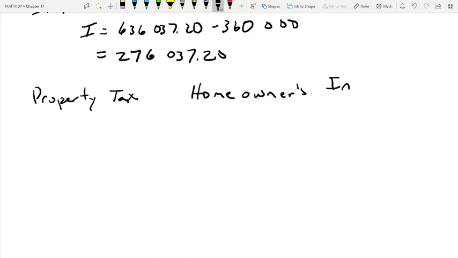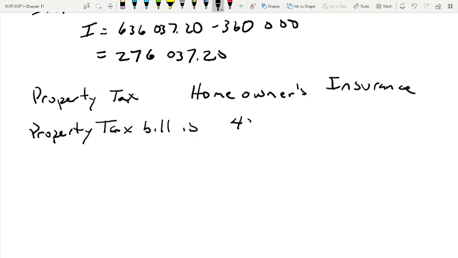So let's look at what happens to my payment under the following scenario. Right? So you get the property tax bill for the year, and we're going to say this is going to be 4317.00, and then the homeowner's insurance bill is going to be 1175.